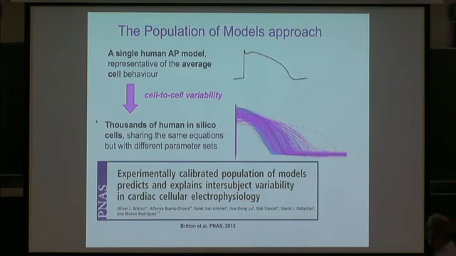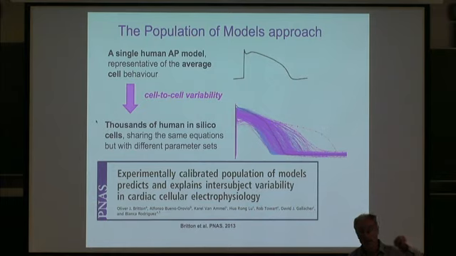So the idea is that you calibrate a population of models against the data you have. So you identify what your key parameters might be. In the case of these cell models, they're the conductances associated with the ion channels. And then you search over parameter space in some sensible way, and you ask the question: choose a point in parameter space, I run my model.